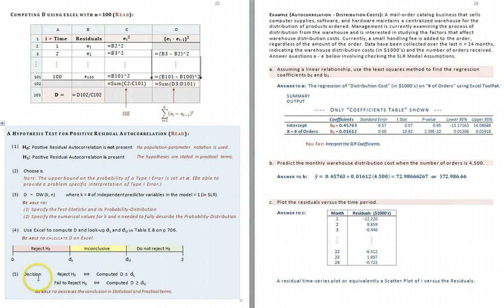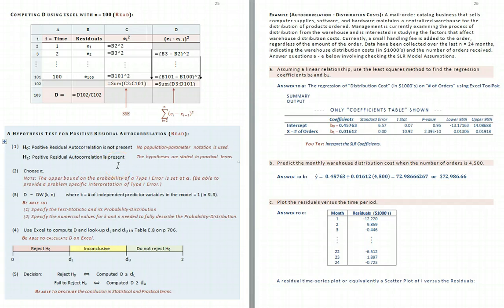The fifth and final step is to make our decision. If the value of the Durbin-Watson statistic is less than or equal to the lower critical value, we reject H0 and decide that positive residual autocorrelation is present.